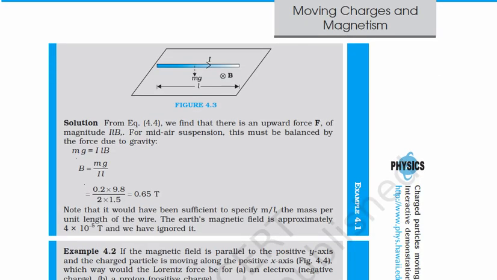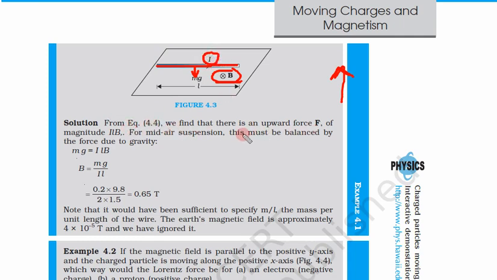Suppose this wire is in mid-air, its weight will try to pull it down, but because of this magnetic field it stays in the air. So we have to calculate how much magnetic field is needed to keep this wire up in the air while the current flowing in it is I.